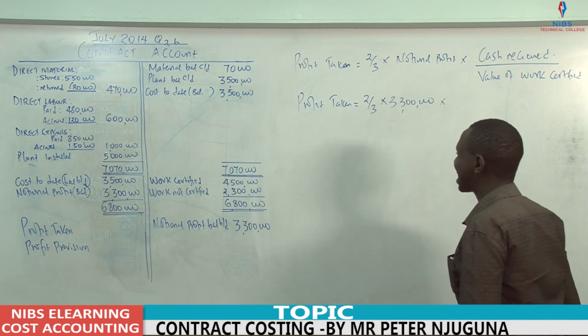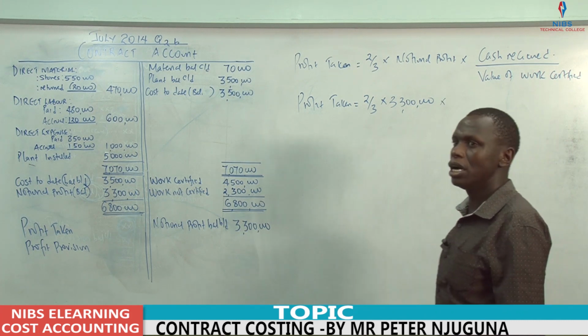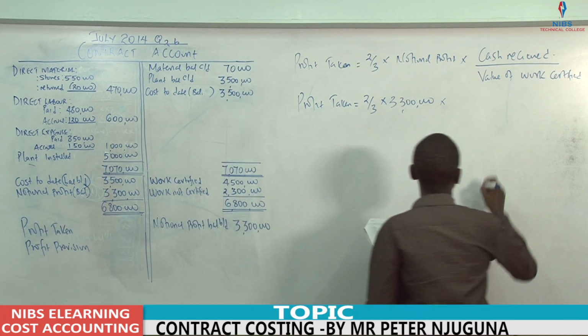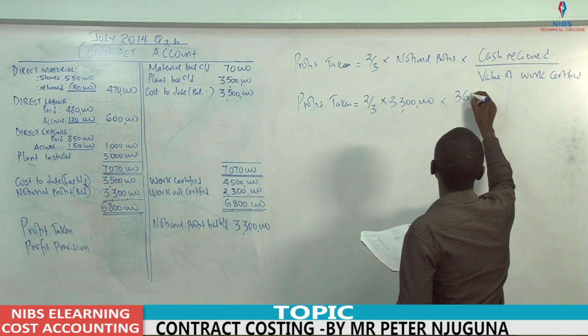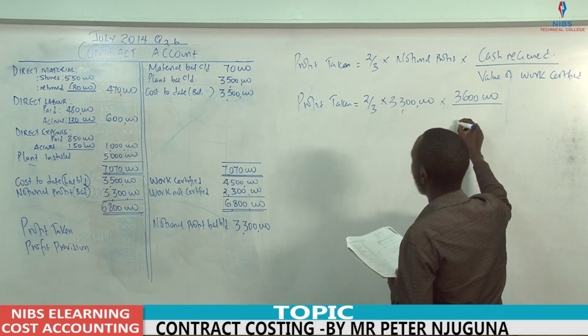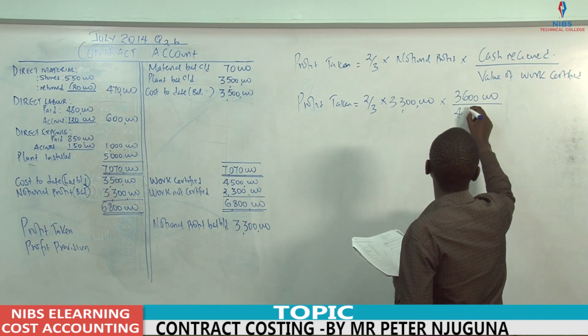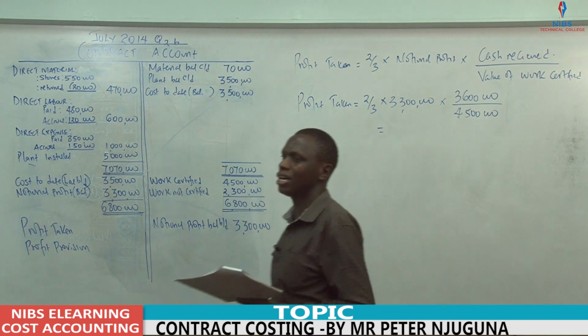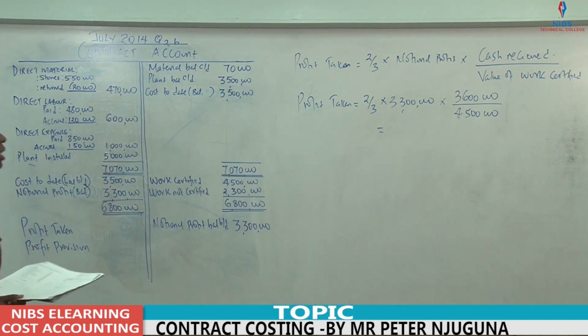Multiplied by cash received. How much is cash received in our question? Cash received in our question is 3.6 million, over the value of work certified, which was 4.5 million. So can you use your calculator to get the profit taken?